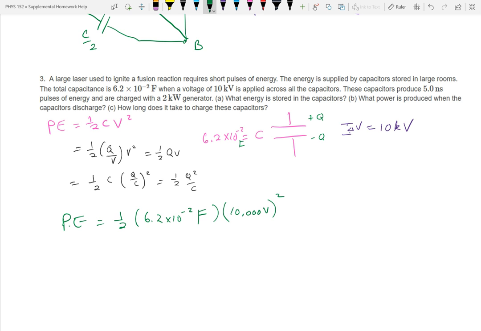And so 10,000 squared is 100 million, or 10 to the 8th, times 10 to the minus 2 is 10 to the 6th. And finally, we have 6.2 divided by 2, which is 3.1.